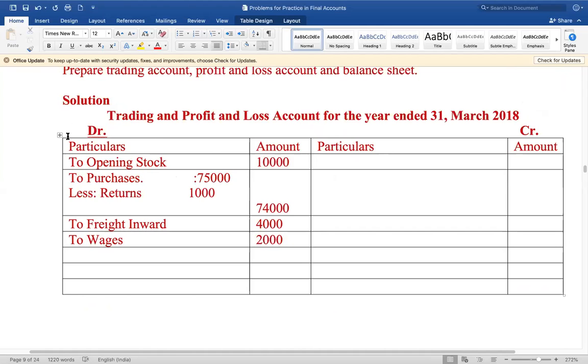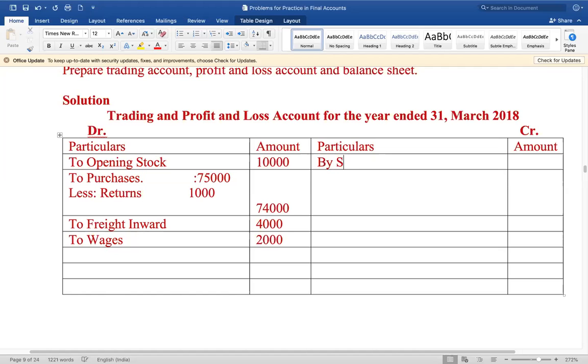Trading account debit to opening stock, trading account debit to purchases, trading account debit to freight, trading account debit to wages. These are the entries. Then, just like that, we'll give the prefix for the credit side.